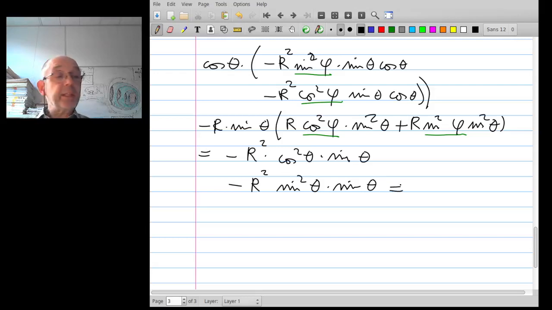Now, if we add this together, what do we see? You have the cosine squared theta and sine squared theta, you can add together, and we have minus r times the sine of theta.